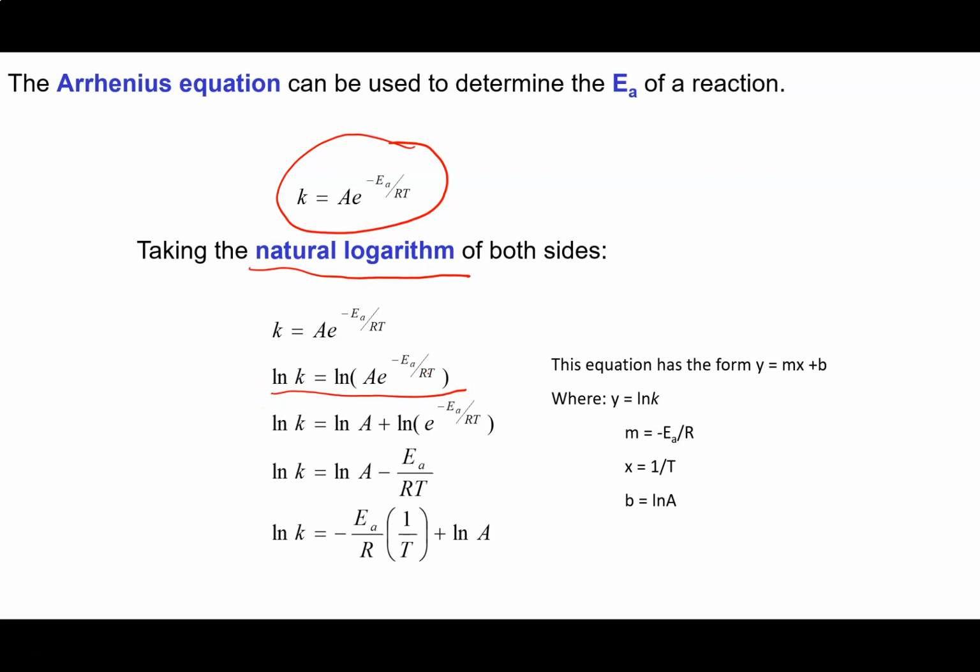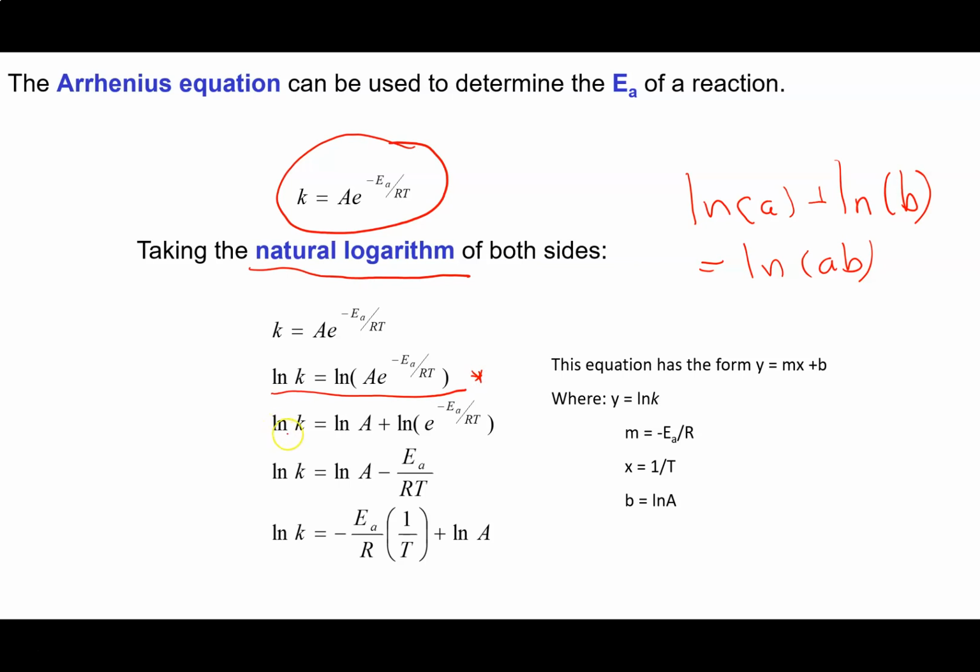And then we can see in here we're going to apply our log rule for multiplication that says that log of A plus log of B is equal to log of AB. And I'm going to use that to separate out the components of this term over here.